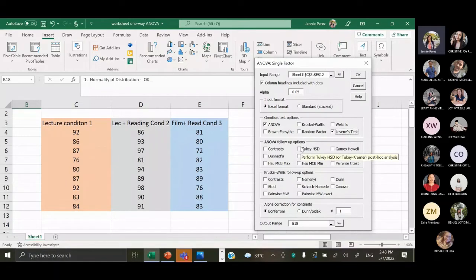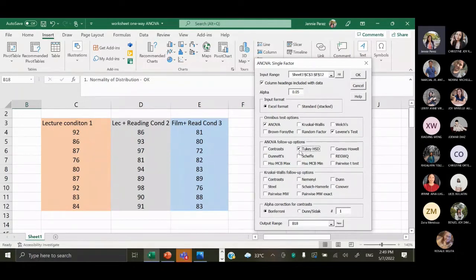Now, for the follow-up option, this is now the post-hoc analysis. For you to know which pairwise combinations lie the significant difference, then you check Tukey HSD.